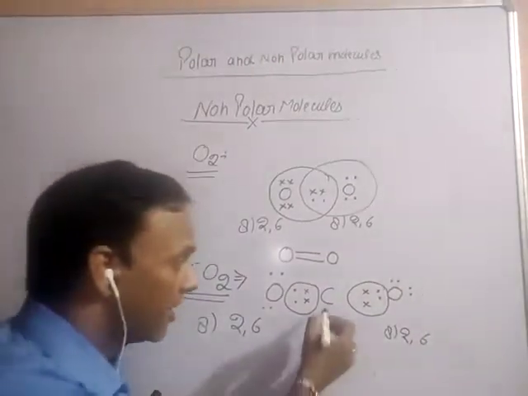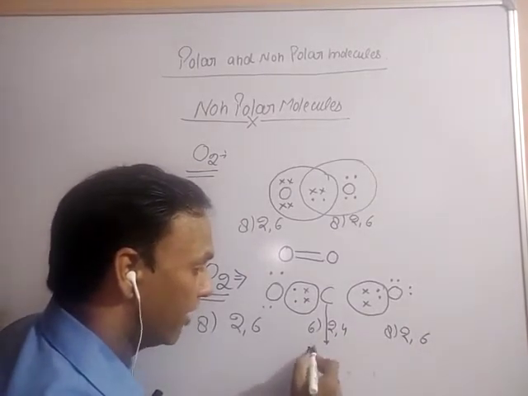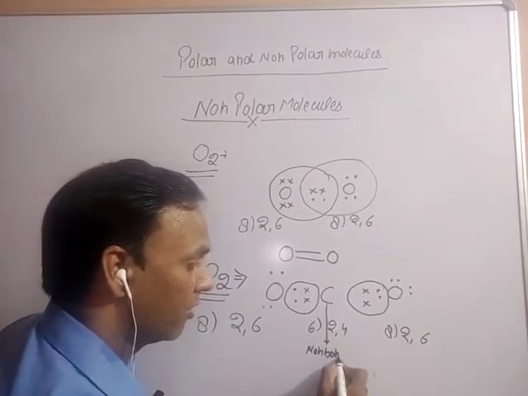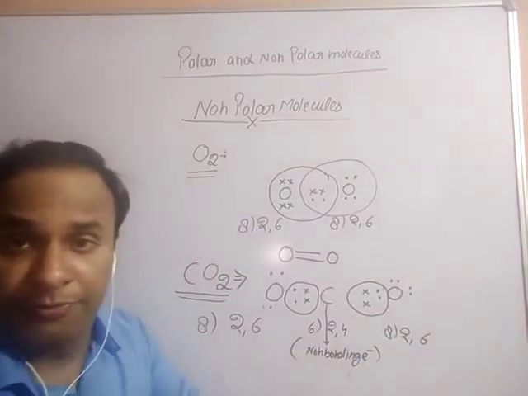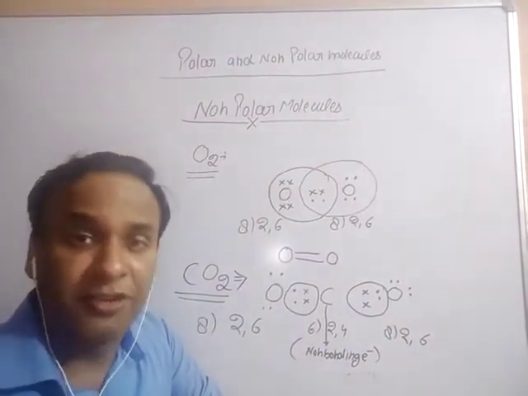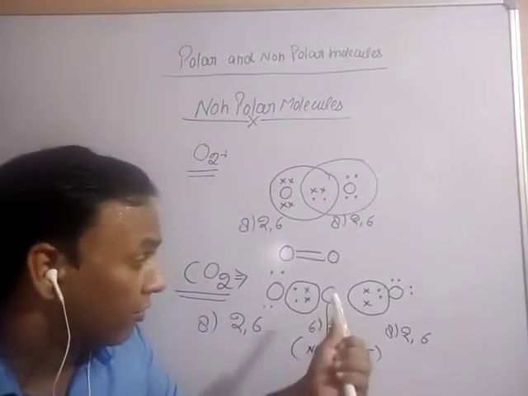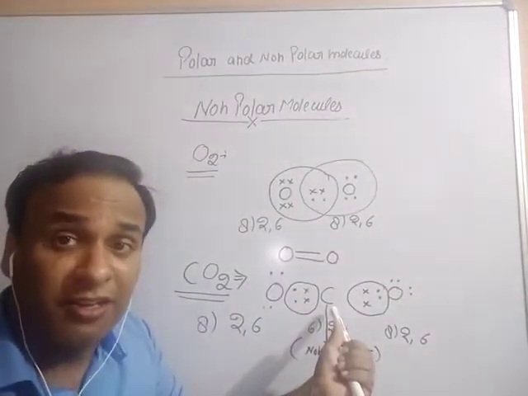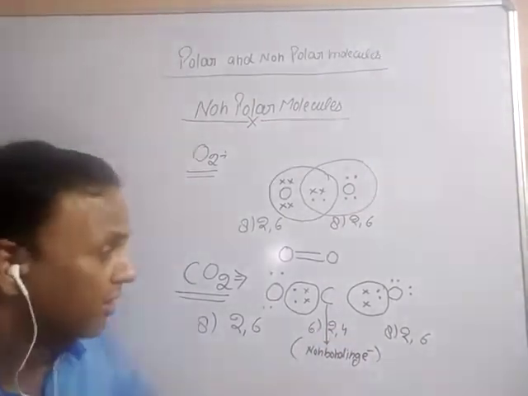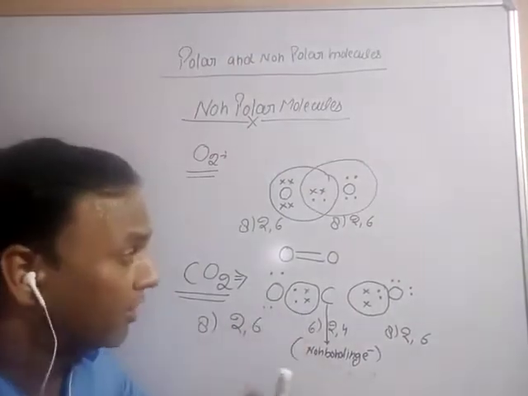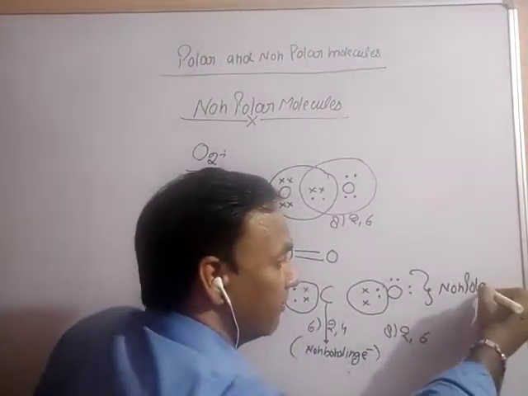Meaning carbon has no non-bonding electron. Whenever any central atom does not have any non-bonding electron or lone pair, then the molecule is said to be non-polar.